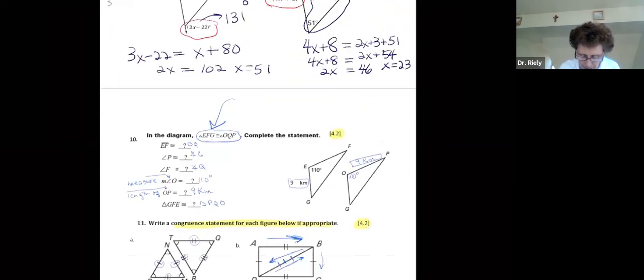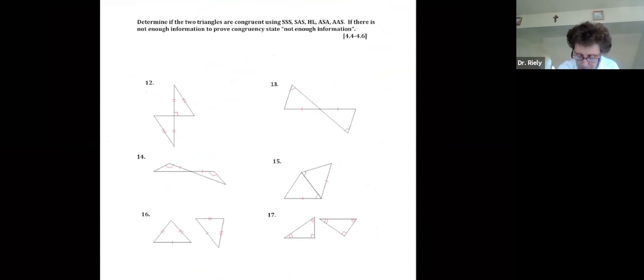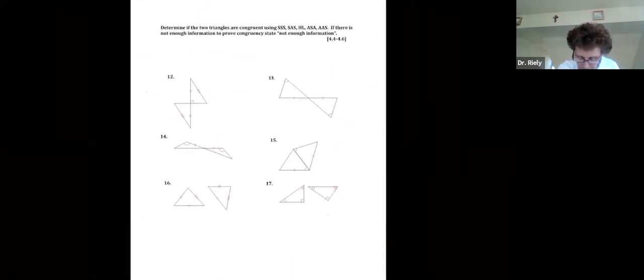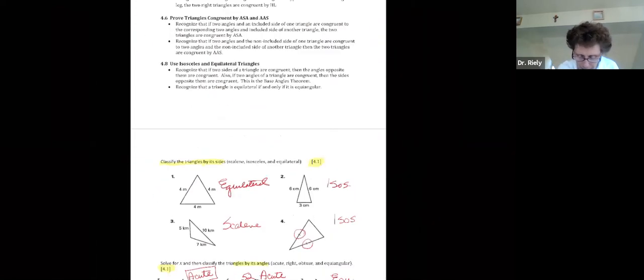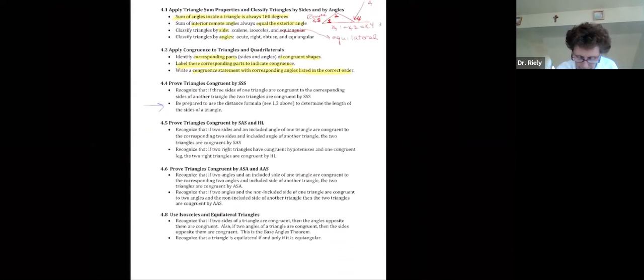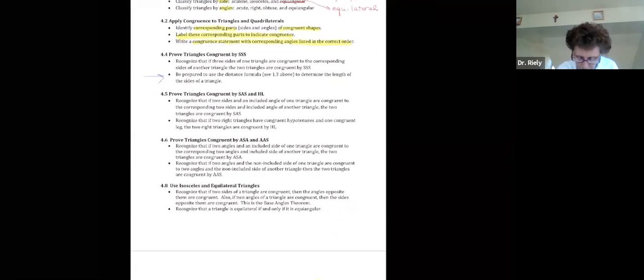So let's come down here. I'm going to do two things at once. Let me go back up again, because it looks like I'm doing 4.4, 4.5, and 4.6 all at once. So we have all of the ways you can prove things congruent, and there are 5 ways: side, side, side; side, angle, side; HL; angle, side, angle; and angle, angle, side.